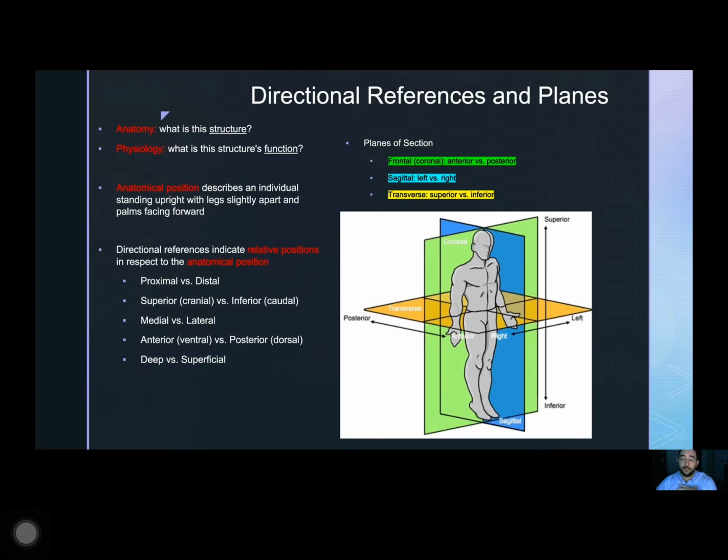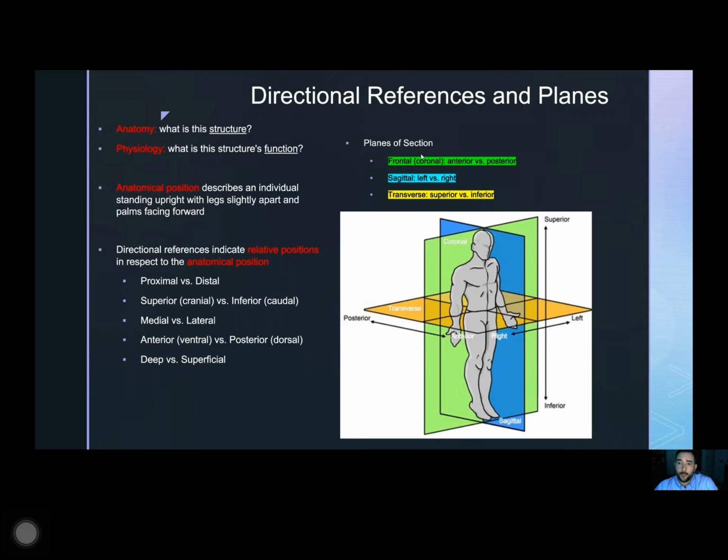That tends to be the reference point a lot of times. So proximal means something is closer to the reference point, and distal means it's further away. Again, if my chest is the reference point and we're talking about my arm right here, we could say that my elbow would be more proximal to my chest, and then my wrist would be more distal. It's a little bit further away from the reference point itself.